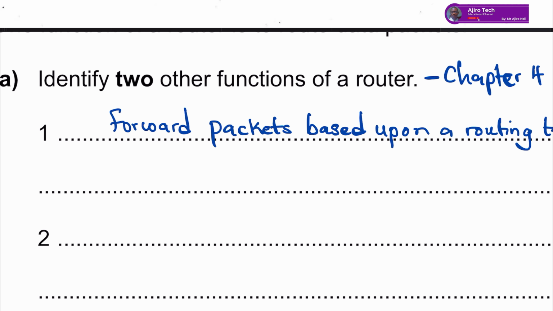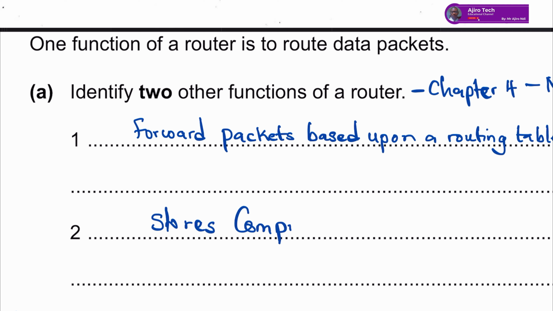It also stores computer addresses, because I said that the routing table contains computer addresses of all the devices on its network. So one of the functions is that it stores computer addresses.